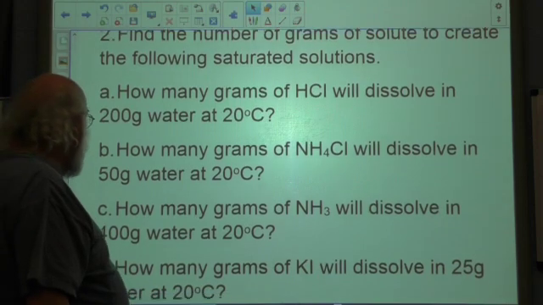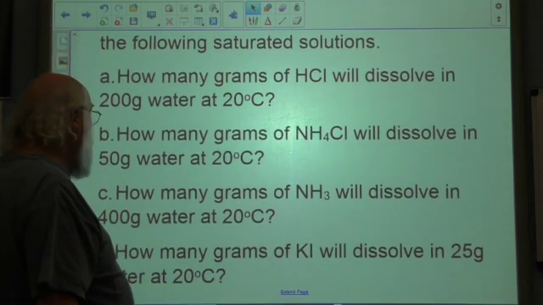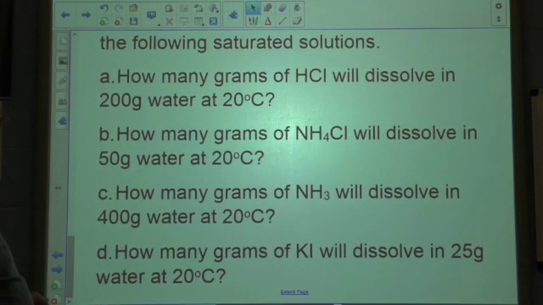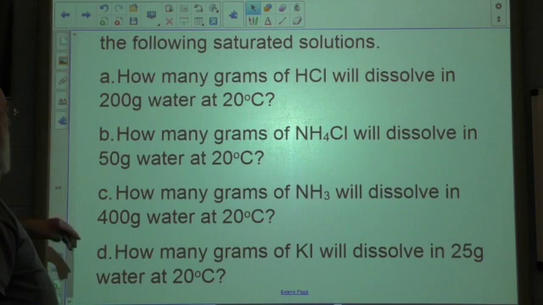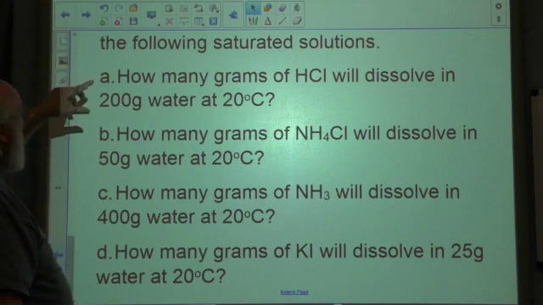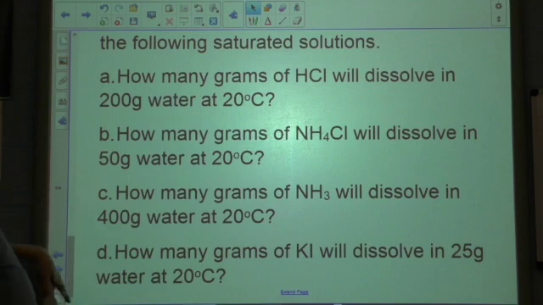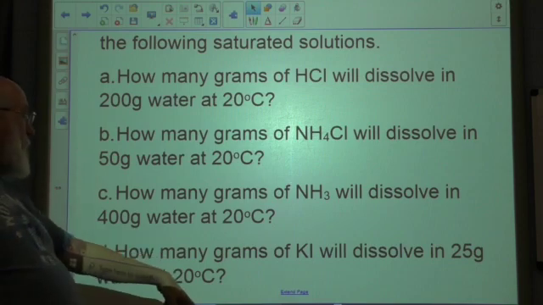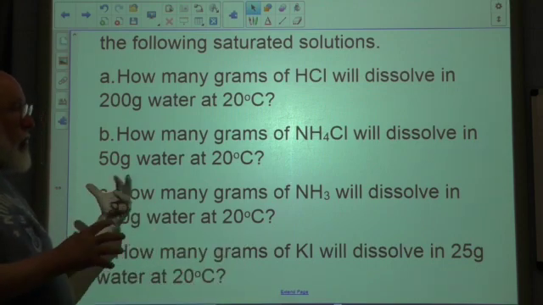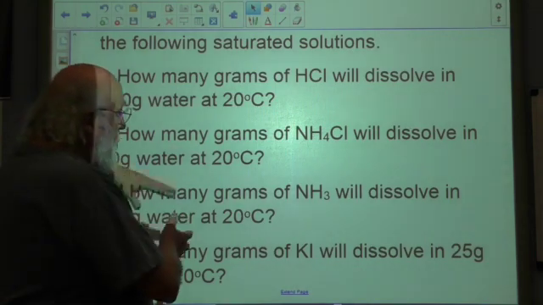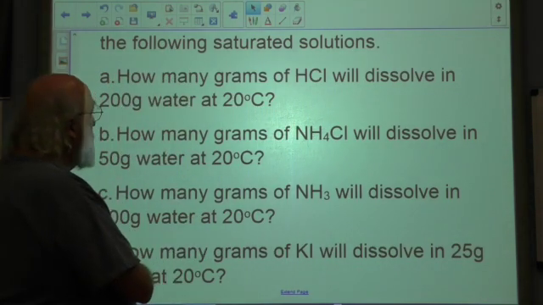So you've got basically these problems here, and it says how many grams of HCl will dissolve in 200 grams, and so on. And actually there's a fifth one on this. This got cut off, so I'm going to have to do a little cutting and snipping, but you'll get all 5 problems for this.